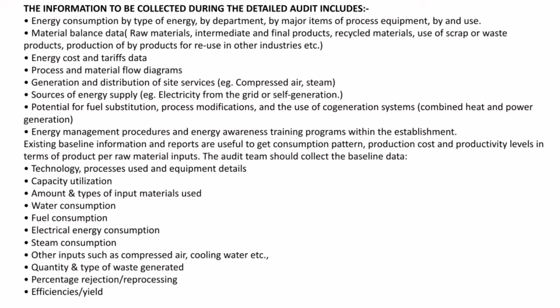So the baseline data are technology, process used and equipment details, capacity utilization, amount and types of input materials used, water consumption, fuel consumption, electrical energy consumption, steam consumption and other inputs such as compressed air, cooling water, etc. Quantity and type of waste generated, percentage of rejection or reprocessing, efficiencies and yield.